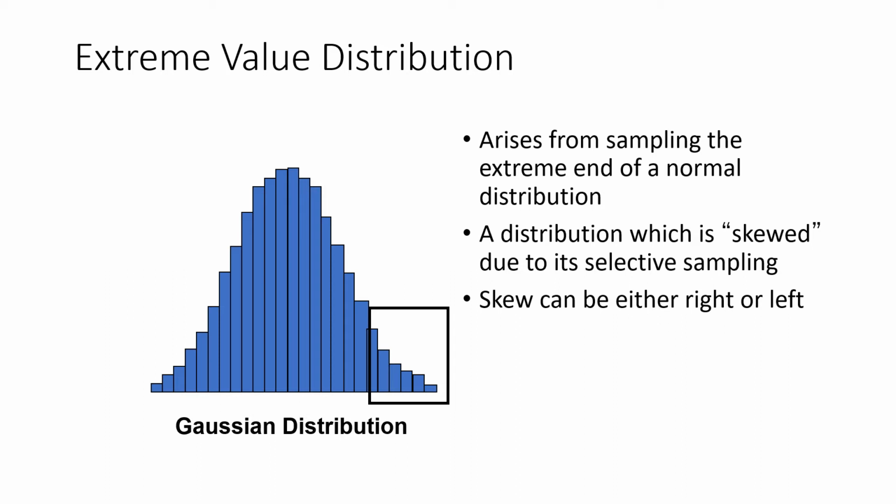You can either take from the very best or the very worst, and either way it'll exhibit some strong skewness. The extreme value distribution is what's used in evaluating the performance of sequence alignments. And so using that distribution instead of the Gaussian distribution is critical to assessing the quality of sequence alignments.